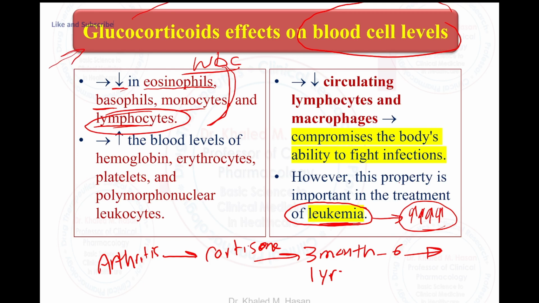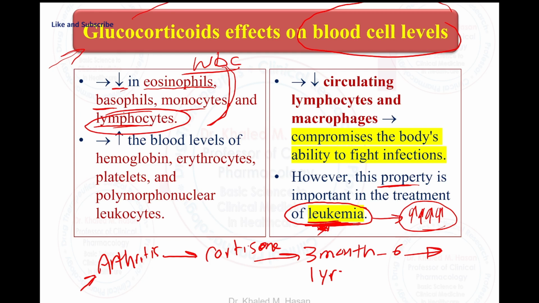So this is an indication for using it, in addition to arthritis. Another possible treatment is leukemia. This property of decreasing white blood cells, especially lymphocytes, is a good option for treatment of leukemia. Therefore, corticosteroid is used as part of the protocol of treatment of leukemia.